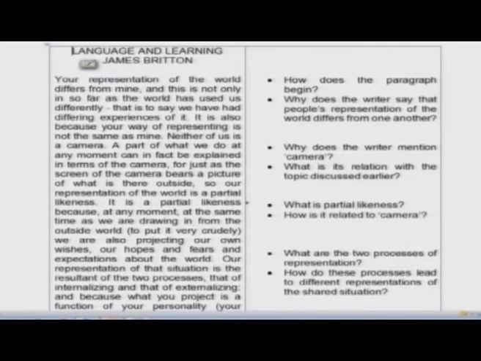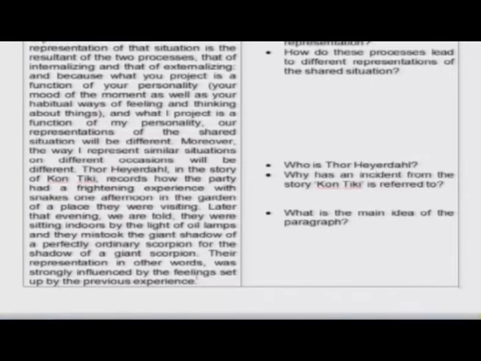It is a partial likeness because at any moment, at the same time as we are drawing in from the outside world, to put it very crudely, we are also projecting our own wishes, our hopes and fears and expectations about the world. Our representation of that situation is the resultant of the two processes, that of internalizing and that of externalizing.